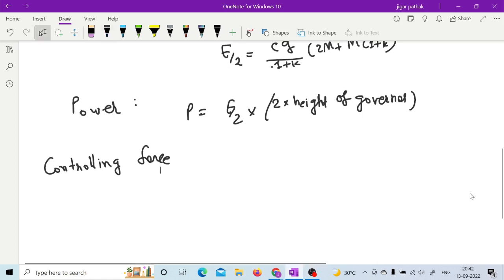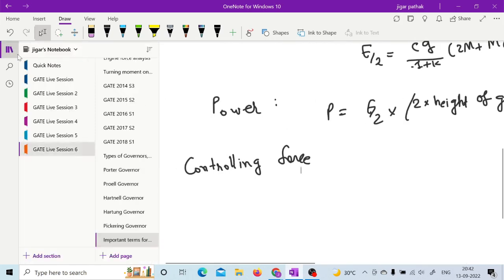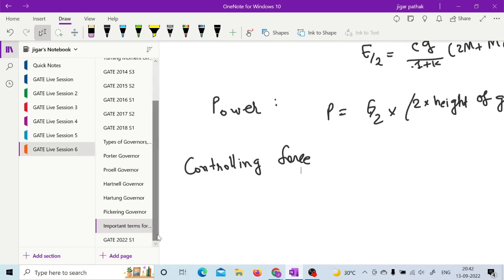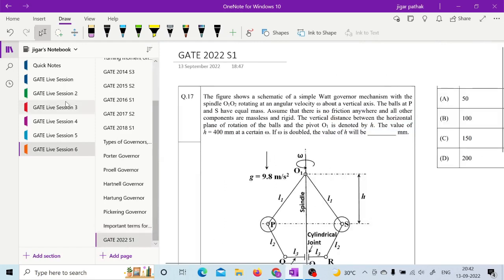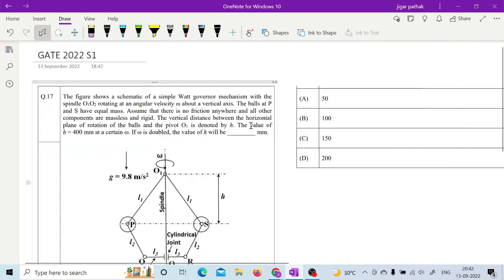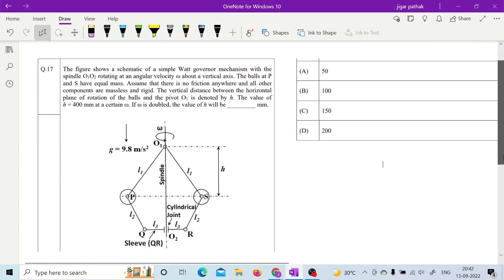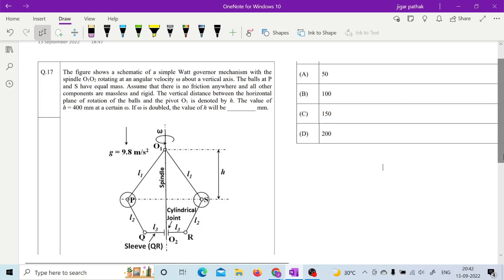And finally, the last thing is one question that was asked in 2022, session 1. You can try this question, it is a very easy question. The figure shows a schematic of a simple Watt governor mechanism with the spindle O1 O2 rotating at an angular velocity omega about a vertical axis.